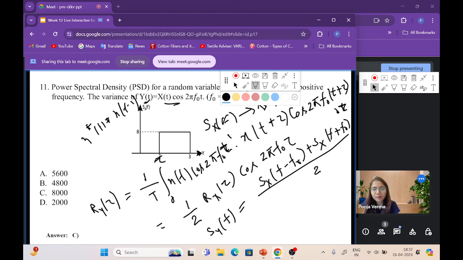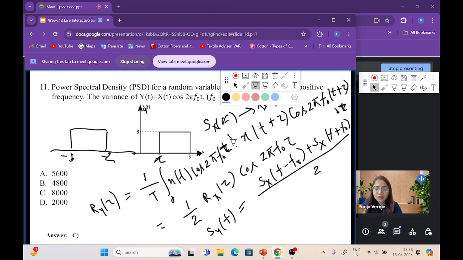Then in order to find Sy of f, we need to find it on the negative side also. We don't have space, so I'm just putting it here. Now we will get it on the negative side also, minus 3, minus 2, and it repeats at a certain point.